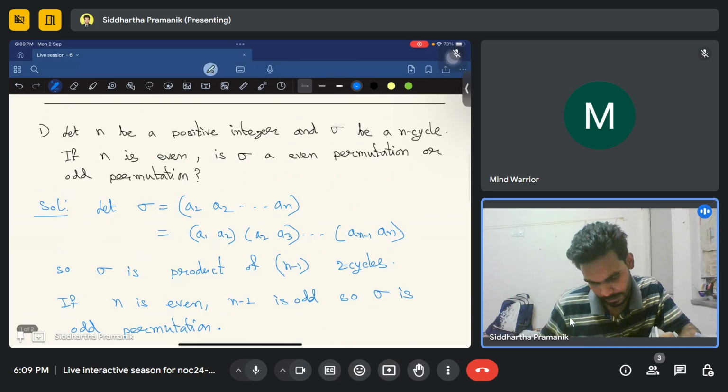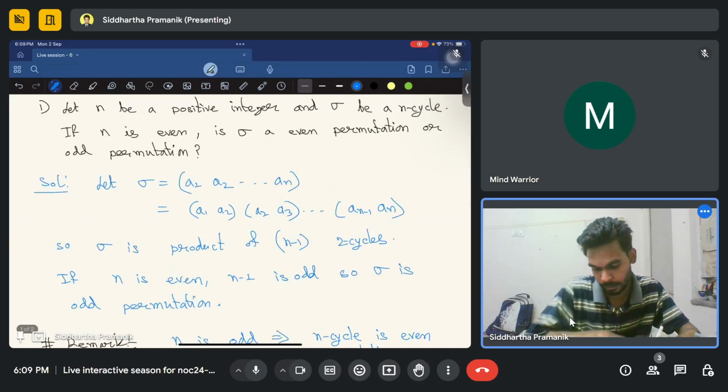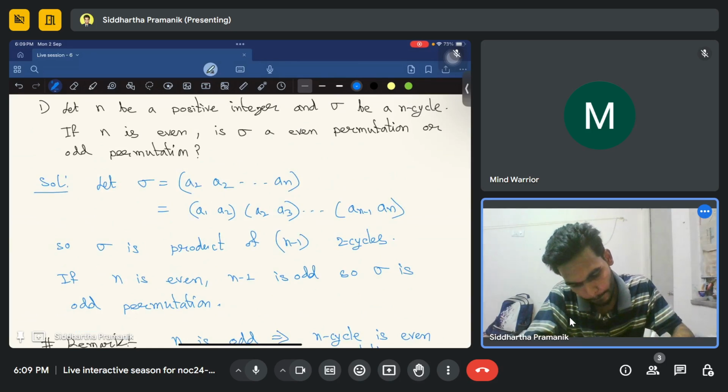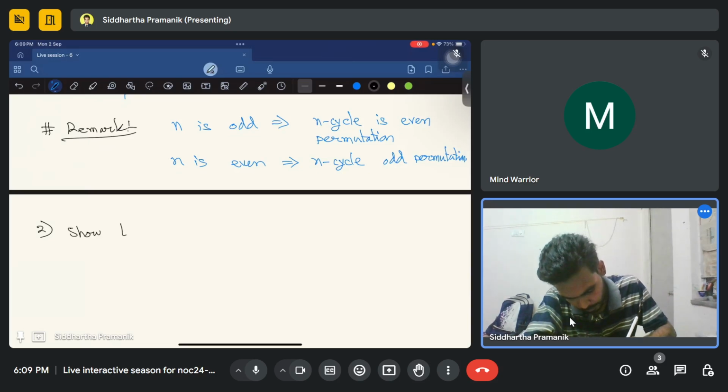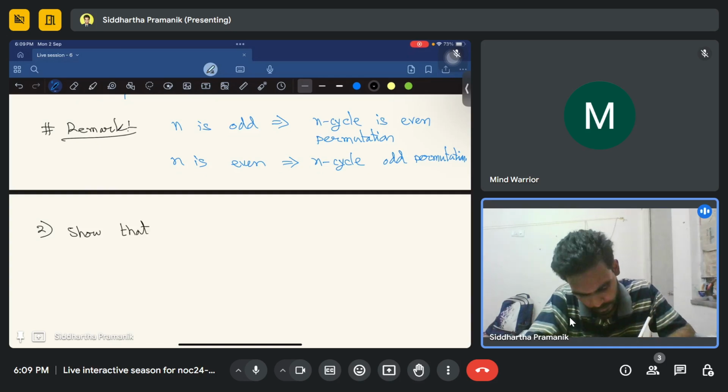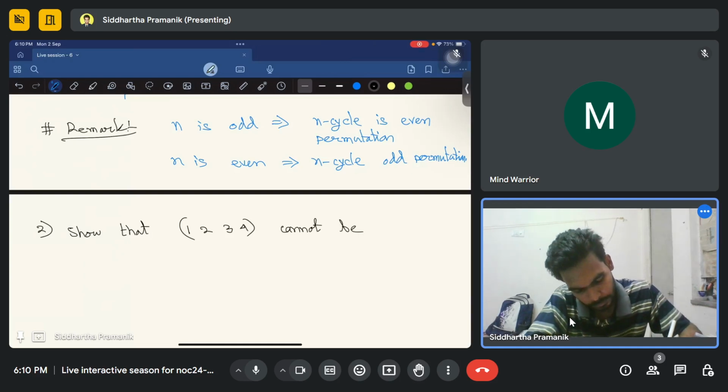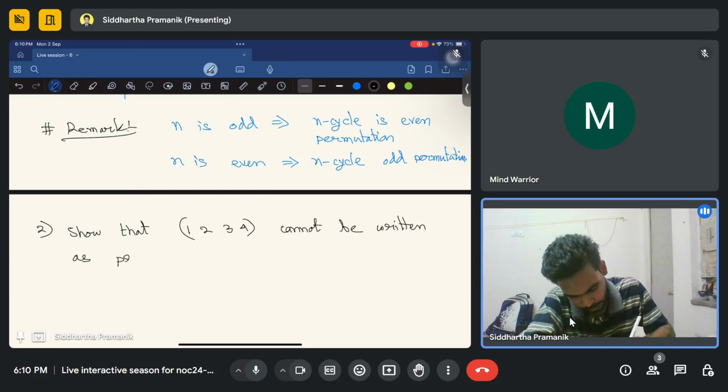So let's see a simple problem which can be done using this. Show that the cycle (1 2 3 4), which is a 4 cycle, cannot be written as a product of 3 cycles.